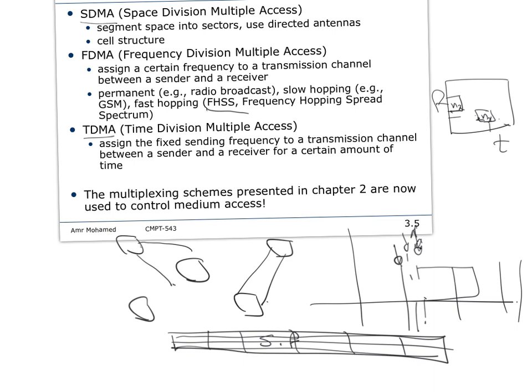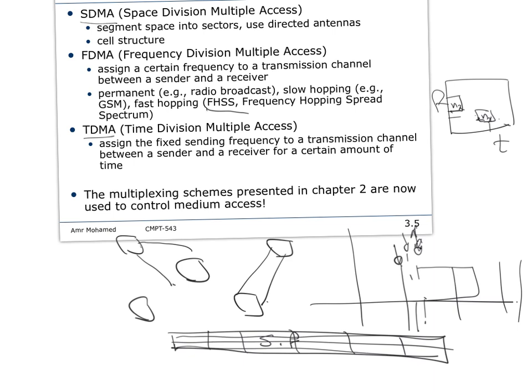So I can assign different frequencies to avoid collision, or I can assign different frequencies to make the interference balanced across all nodes. So a node may change the frequency it uses for transmission, not only to eliminate collision, but also to try to balance the effect of interference, right?